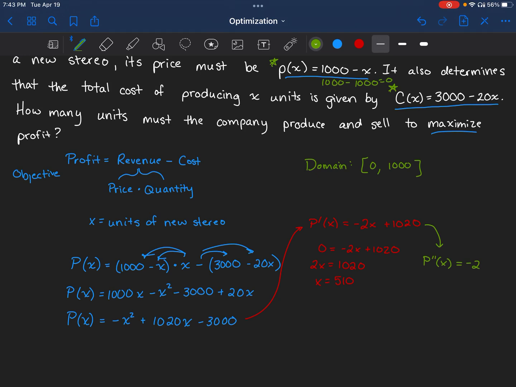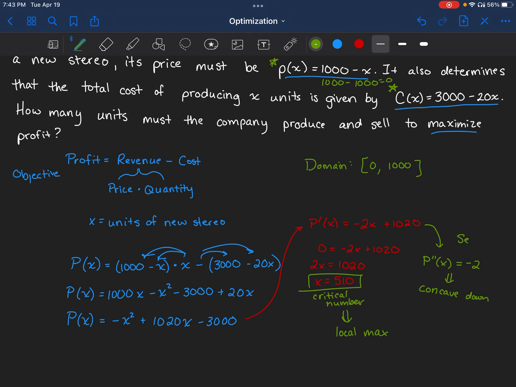And so that means that since x equals 510 is a critical number, if I look at my second derivative, it's always negative, which means this original function, the profit function, is always concave down. That means my critical number should appear at a local maximum. And so that's a good hint there for this problem.